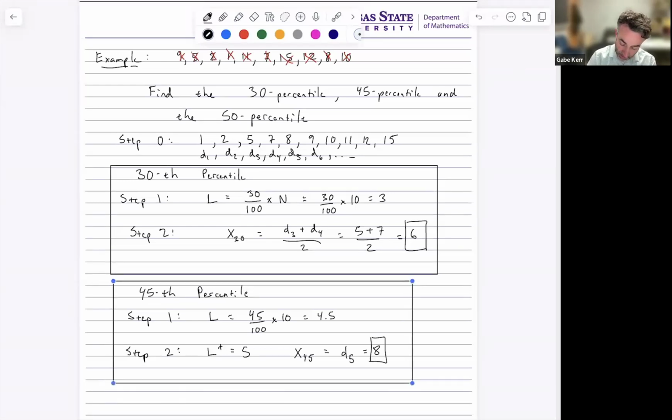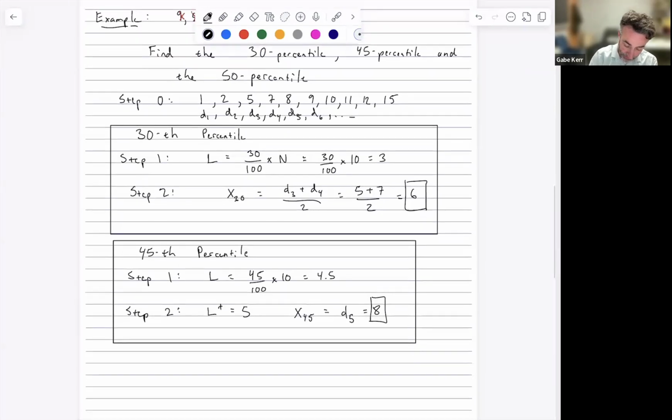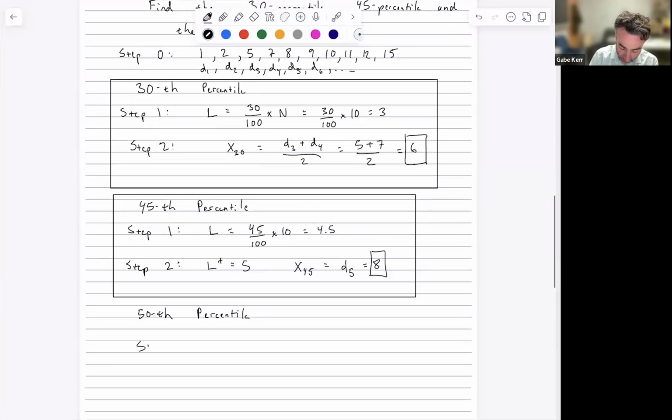Okay. The last example is the 50th percentile. Okay, so we go ahead. Let's ask about the 50th percentile. Again, we're going to do our step 1. And we'll see, okay, L is equal to 50 over 100 times 10, which equals 5, which is a whole number.